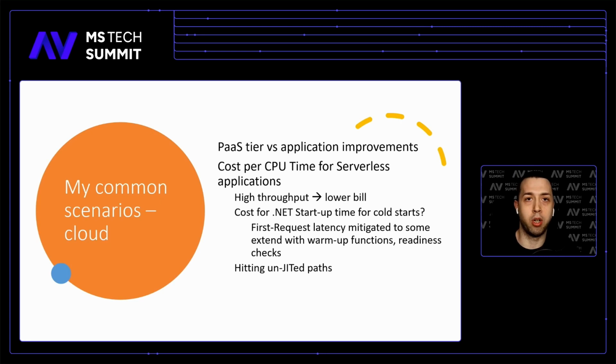So when I have higher and higher throughput, maybe making the application more efficient results in a lower Azure bill. And also, if I have cold starts for serverless applications, maybe also some startup costs that garbage collected languages like C#, or JITted languages, have are something that we can try to optimize away.